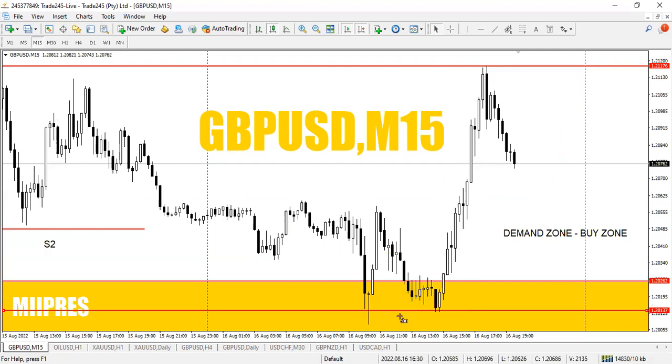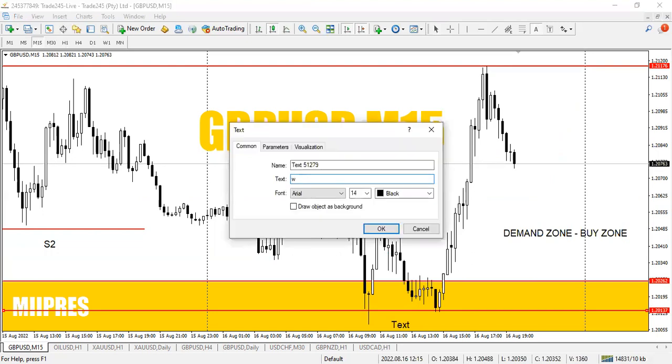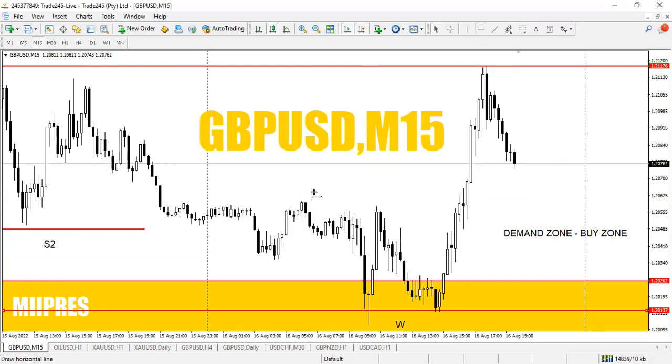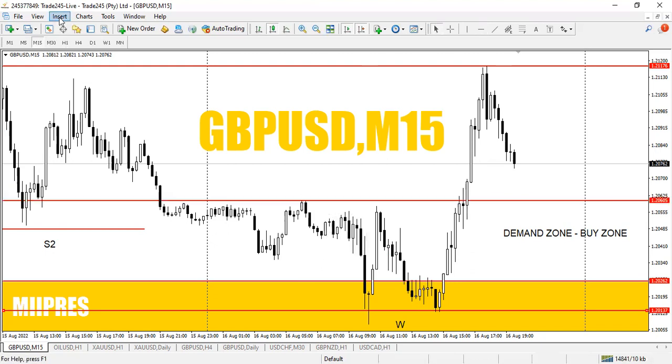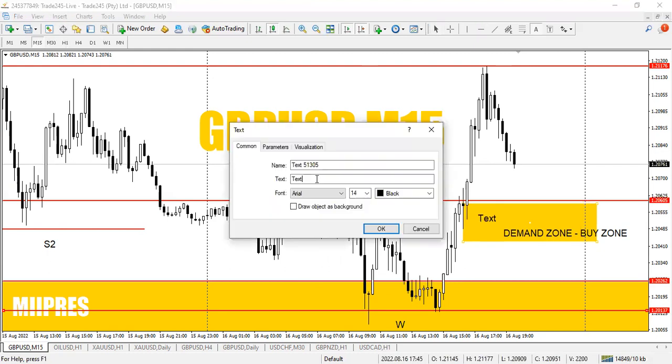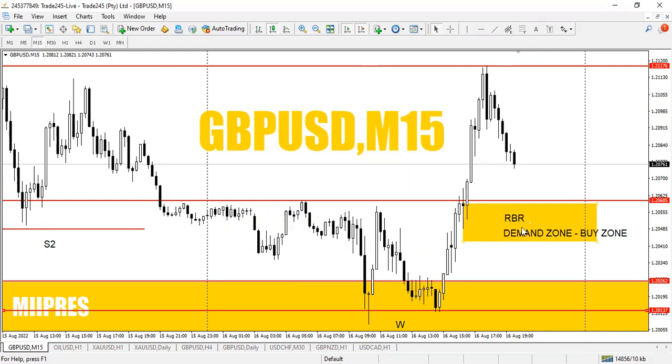Obviously this is another what we call a W. Then the price broke a level and gave us that candle, so we're going to mark that candle. Remember what I said? It's a rally. So this is what? Rally, base, rally, because the price actually went up. If you don't remember, it's rally, base, rally.